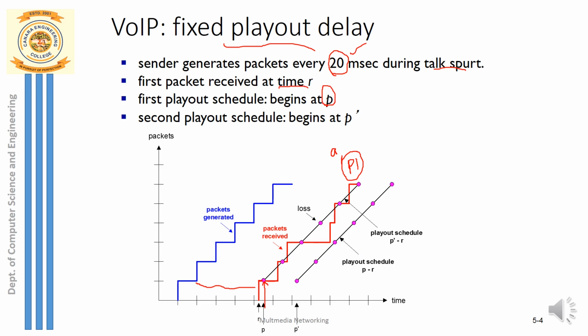So here again this gap he has taken is fixed. Maybe he has waited for around 15 milliseconds. That gap he has fixed, and now he has started his next playout. Again, that same gap of 15 milliseconds he might have maintained.